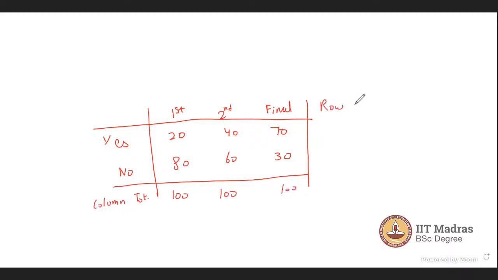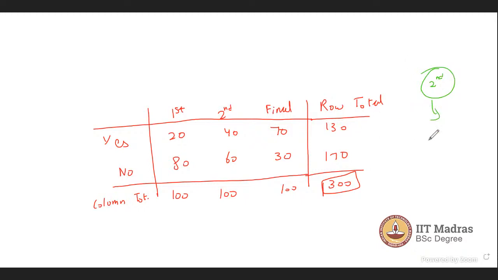This is my row total. And here is my grand total. So you may also be asked a question like: how many students own a credit card given that they are studying in the second year?